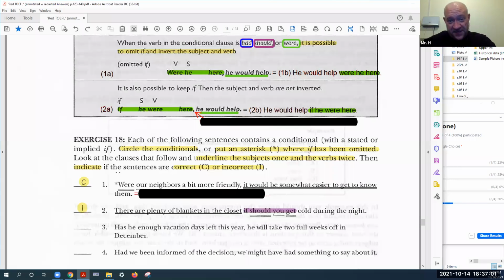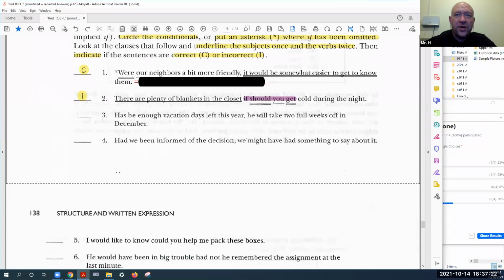Two ways to fix this example. Remove the if connector. That's one. And the other, have the normal connector, subject, verb, right? Okay, you got it? Let's try this exercise here. Number 3. Are you ready?